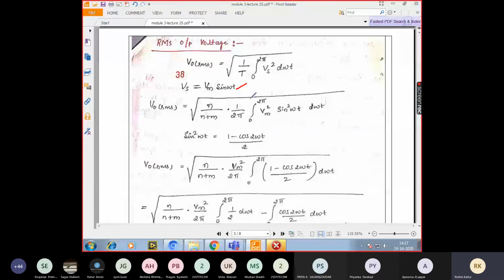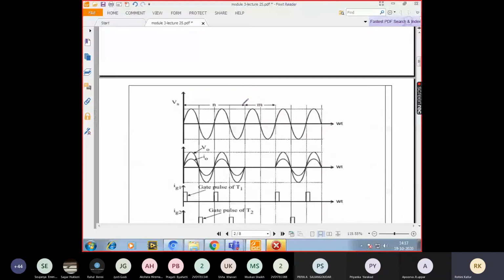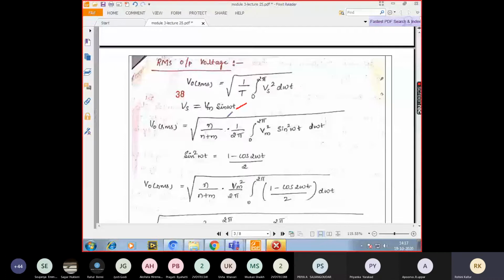This is on period and this is the total time period, n plus m. So we write this value as n divided by n plus m. We discussed this in the last class also: n into T divided by nT plus mT, where T is common, so T gets cancelled and you are left with n divided by n plus m.